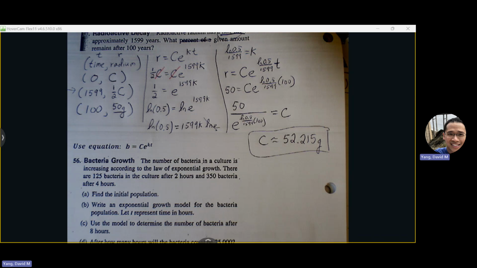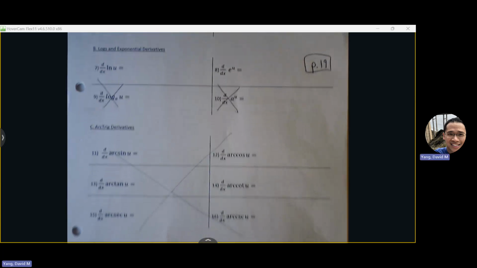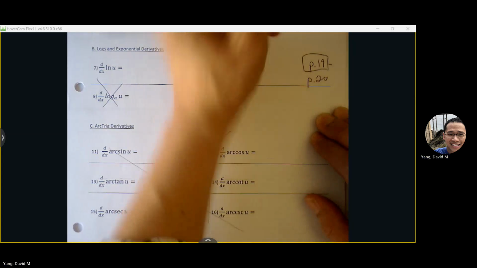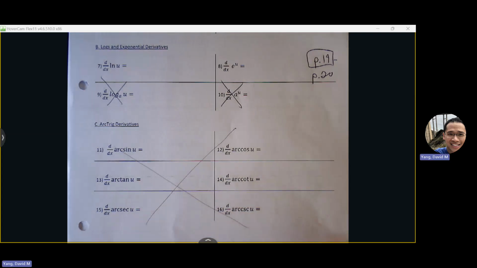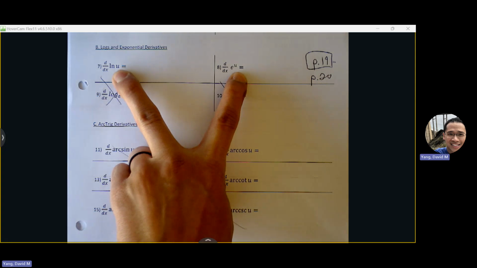So if you can go to page 19 in your test review packet. You're responsible for the formulas from page 19 to page 20, but you can cross off 9 through 16. You don't have to worry about those for the test. But I do want you to know the original 6 trig rules, natural log of u and e to the u's derivative.